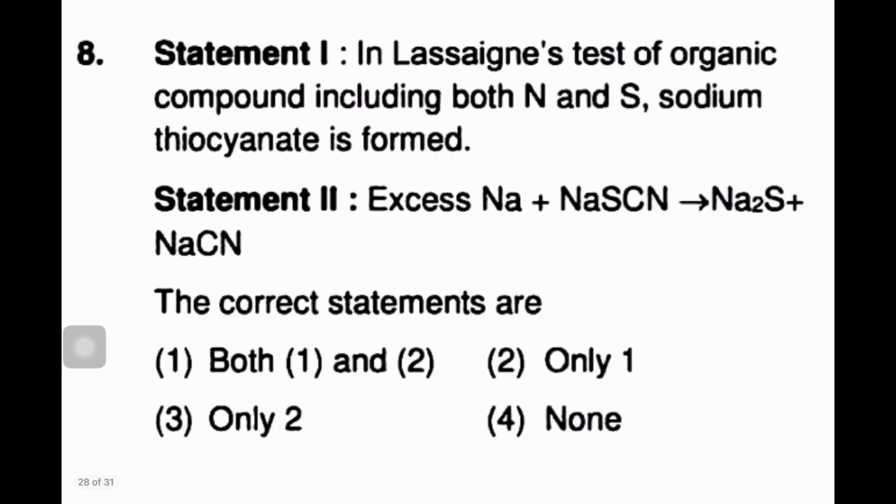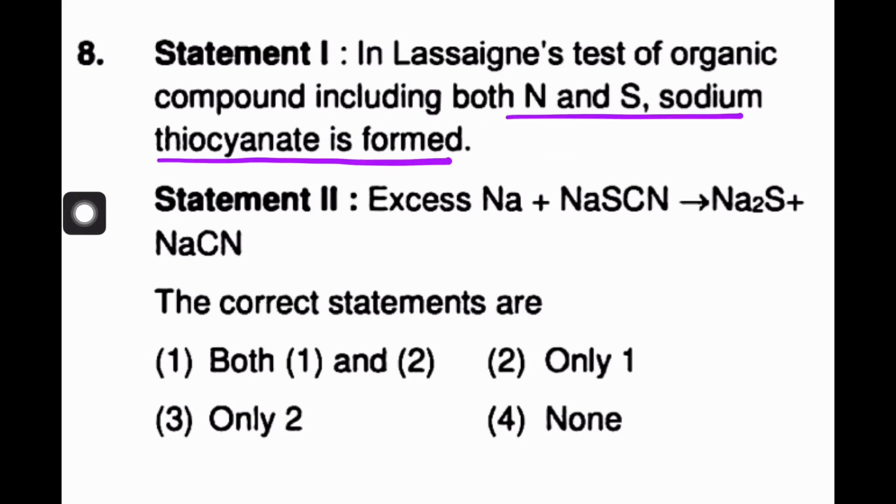Now, this is from POC, 11th class. In the Lassaigne test of an organic compound including both nitrogen and sulfur, sodium thiocyanate is formed. That is correct. If it is carbon and nitrogen, then sodium cyanide will form. If nitrogen and sulfur both are present, then sodium thiocyanate is formed, that is basically SCN minus.